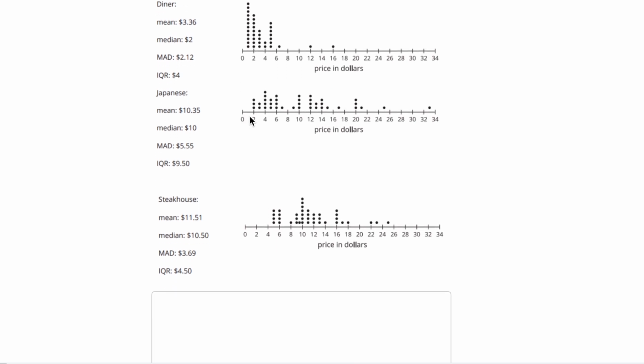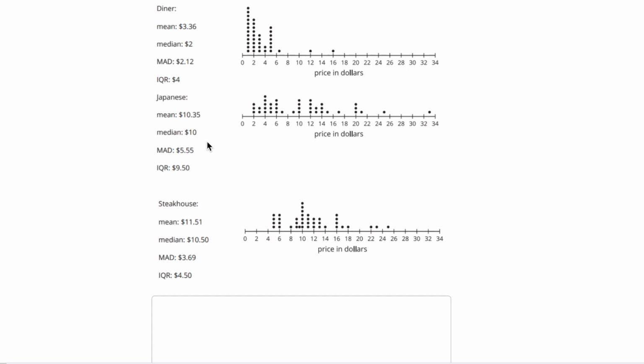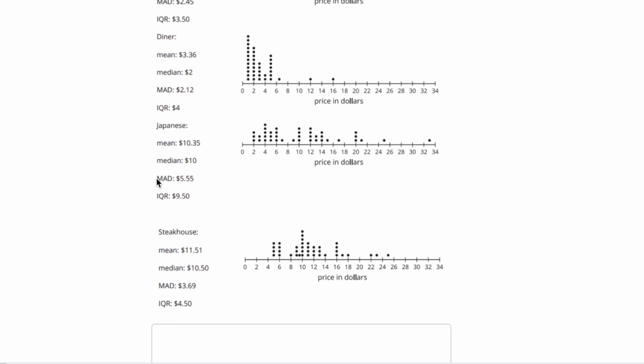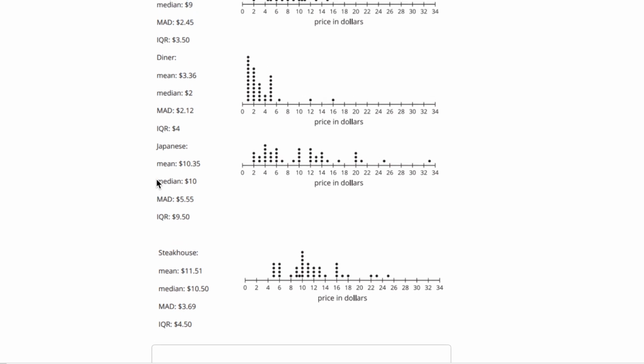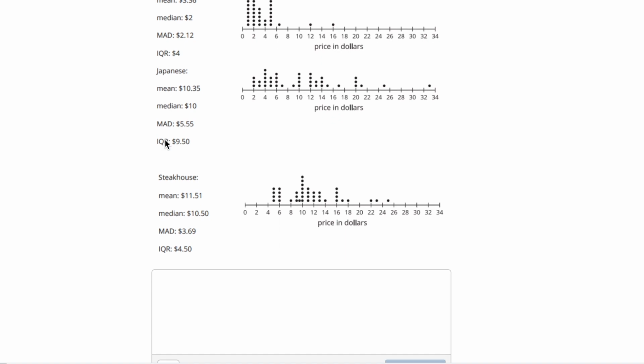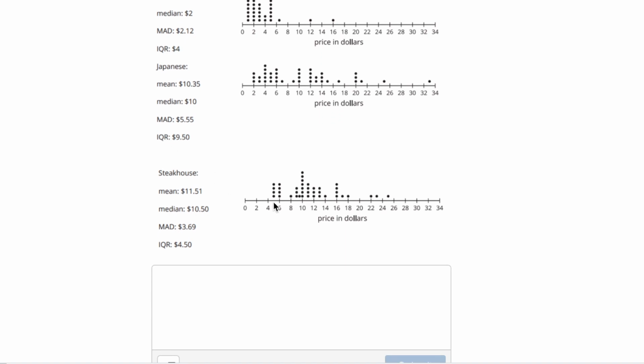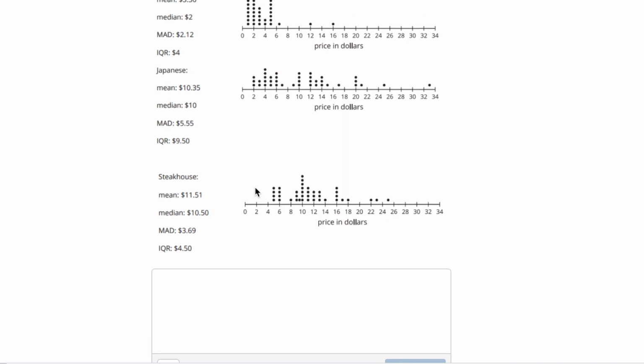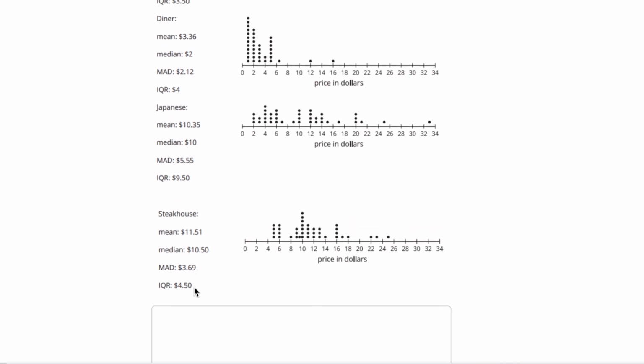Looking at Japanese, we have anywhere from $2 to $33. The MAD and the IQR, which measure the variability, those look higher than these first two so far. But let's look at the steakhouse. Okay, so we have anywhere from $5 to $25, and it looks like the mean absolute deviation is 369 and the IQR is 450.